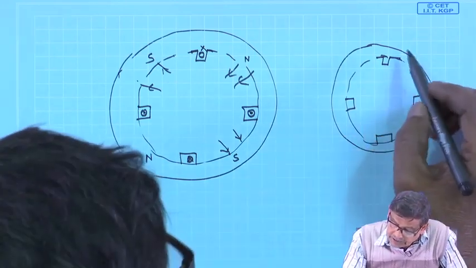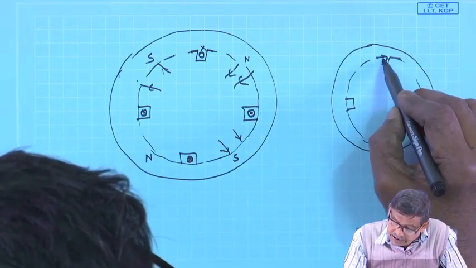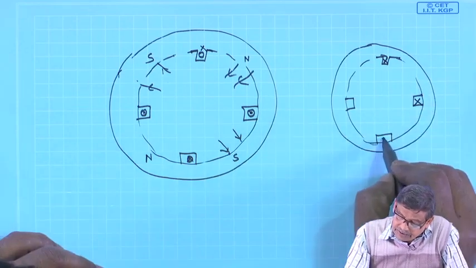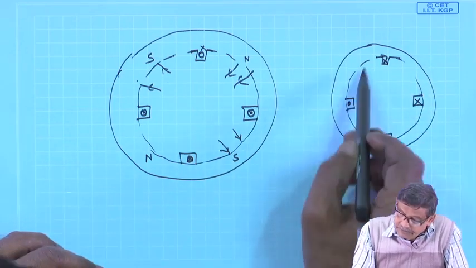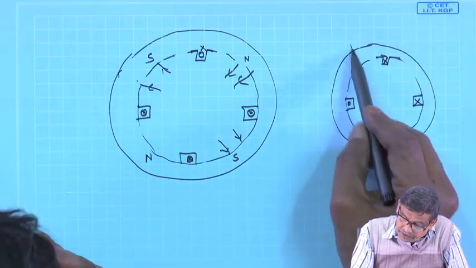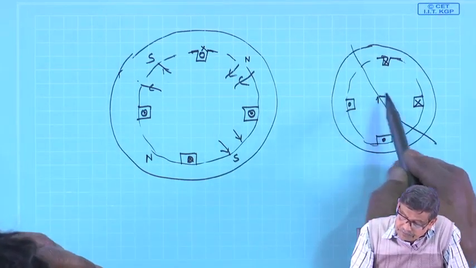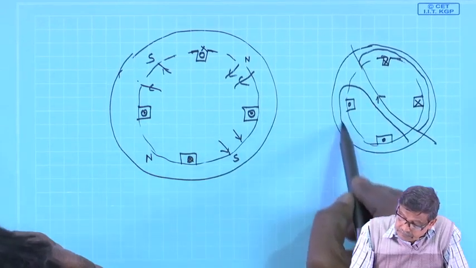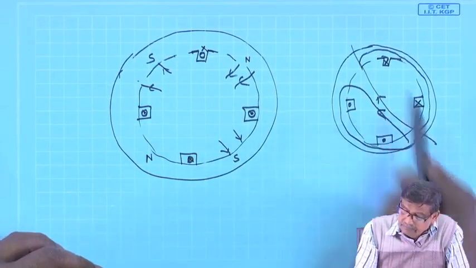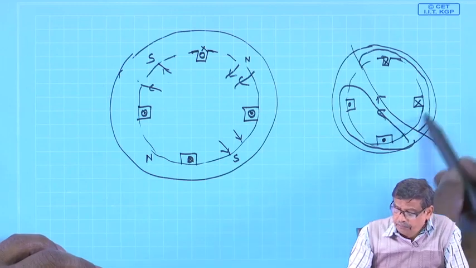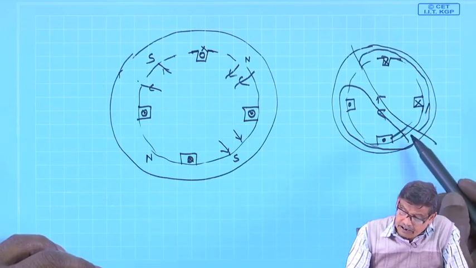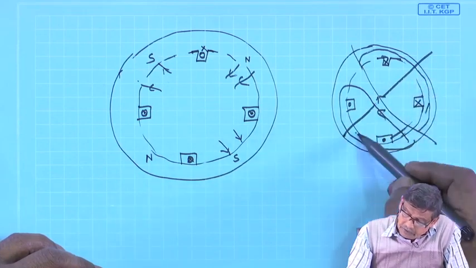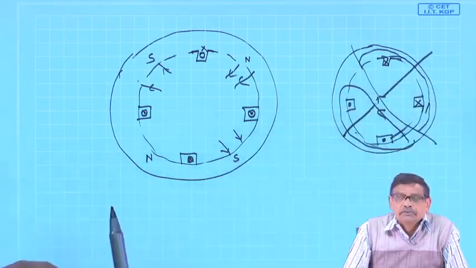Only make sure that when this carries cross, this also carries cross, and these 2 carry dot and dot. Then it will give you only 2 poles. This half will be north pole, that half will be south pole. So, it is possible.